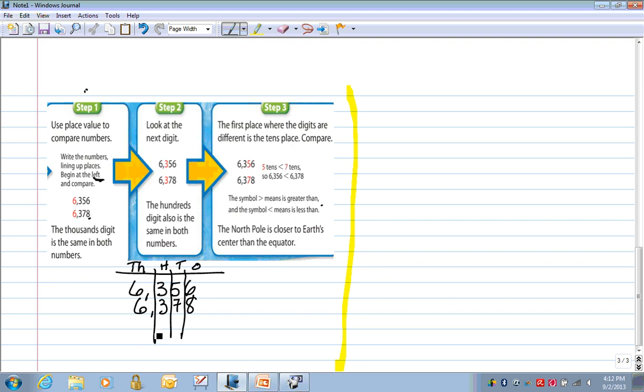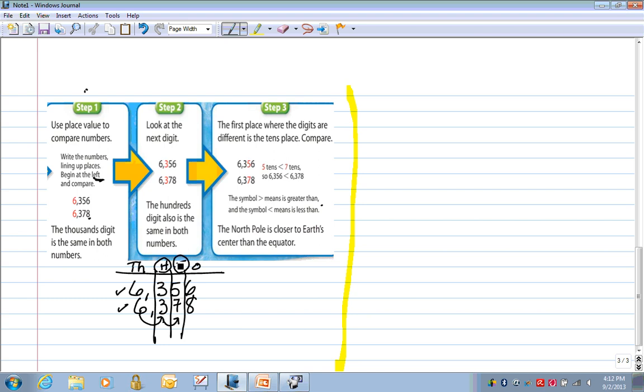The thousands digit is the same in both, so they're both a 6. When you're comparing numbers, if the largest place value is the same, then you go one more place value to the right. And when we look at those, they're in the hundreds place. And both numbers in the hundreds place are the same again. They're both 3s.